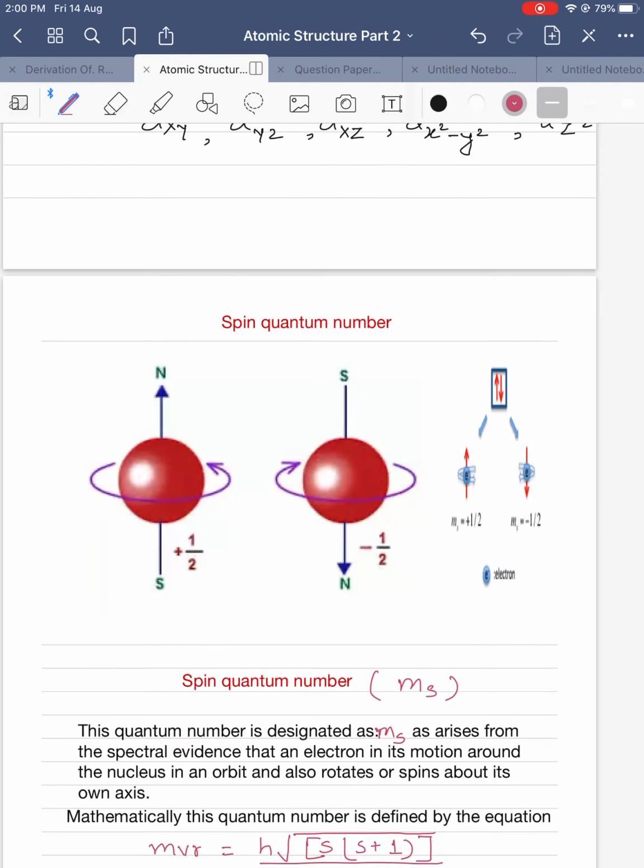Now the fourth is the spin quantum number. This quantum number is designated as ms or s, and arises from the spectral evidence that an electron in motion around the nucleus in an orbit also rotates or spins about its own axis.